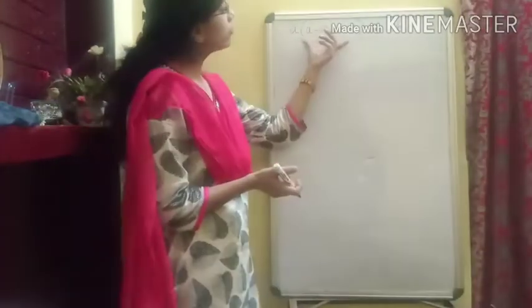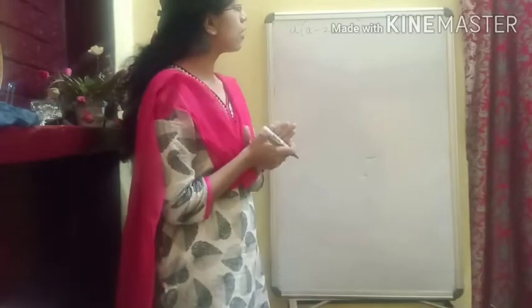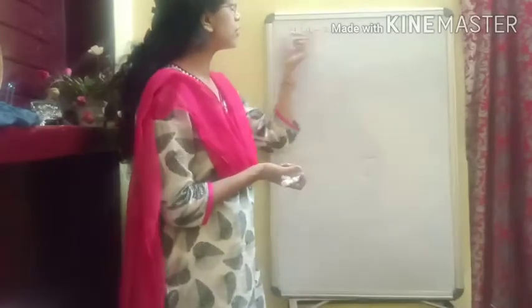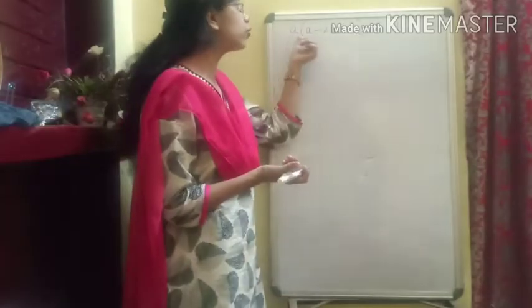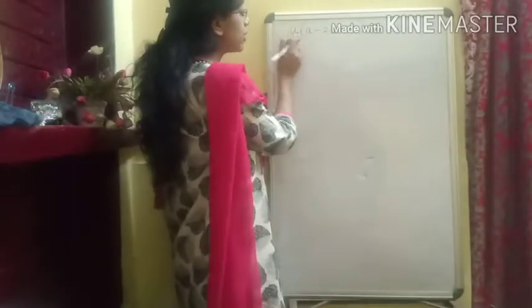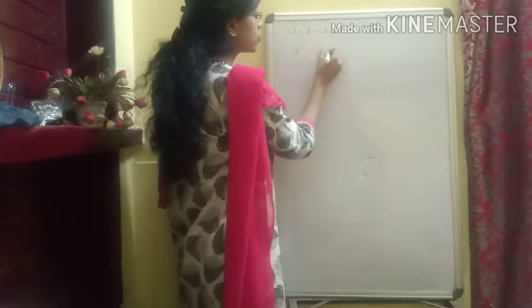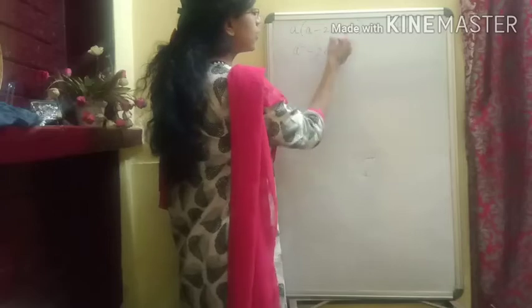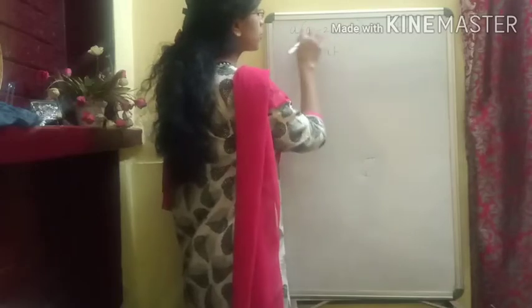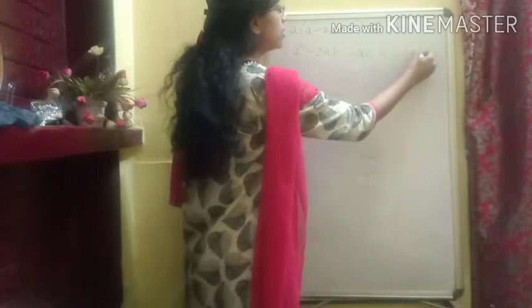Now if you see how to proceed, simple: first we have nothing to do but to open the bracket. So let us open the bracket. If we open the bracket with a, it will be a square, then minus 2ab, then it will be plus, minus minus, a into c will be ac, plus 2bc.